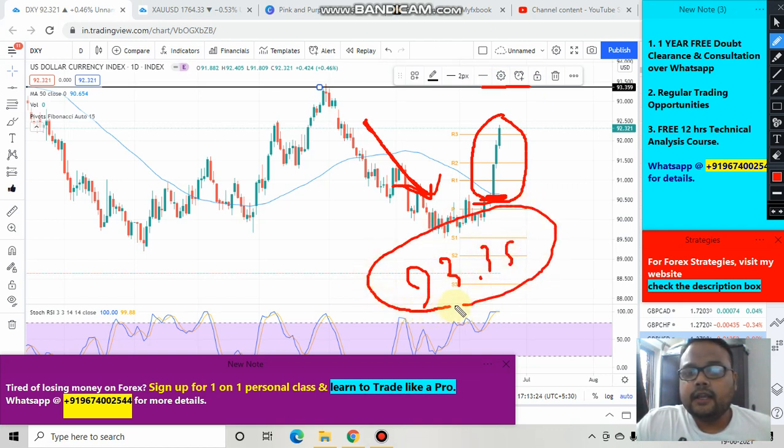It will be on the up run because right now it is extremely bullish. Until the market reaches the 93.35 level, we cannot expect the US dollar to go down that easily. So things are not very good for Euro USD, GBP USD, and gold USD as well.